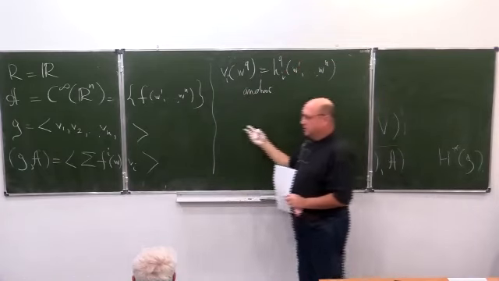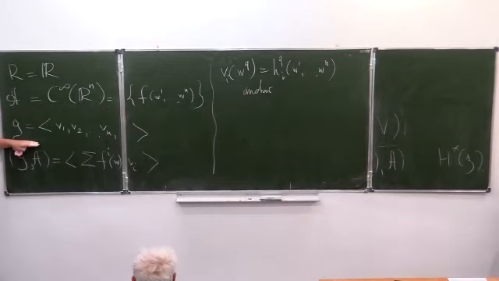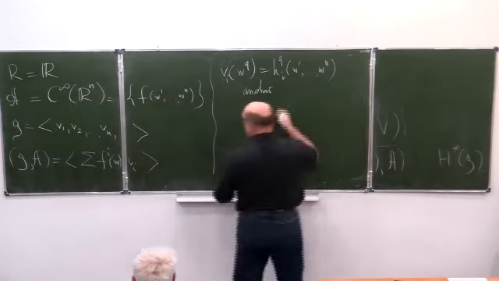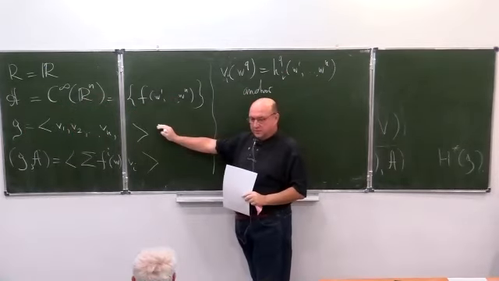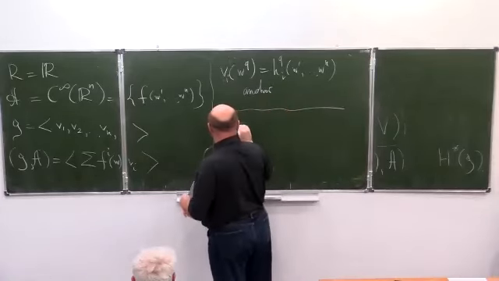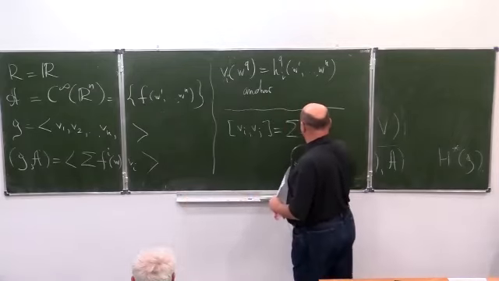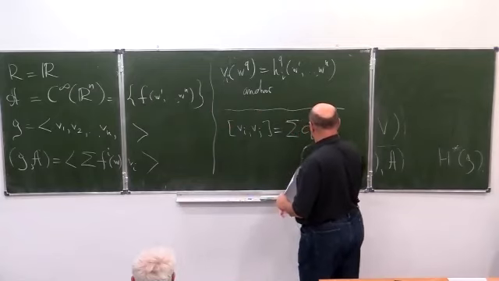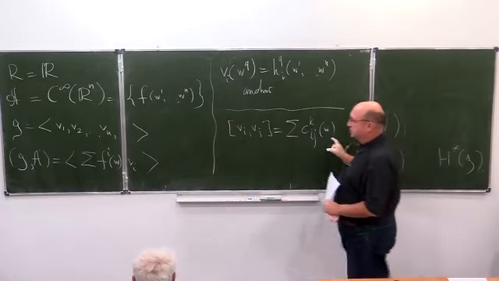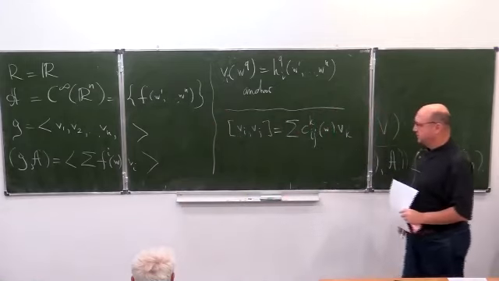Now conditions. There are two requirements. This space should be a Lie algebra, and the anchor should be compatible with the structure of the Lie algebra. So we take two elements of this basis, and their bracket should be a linear combination, now with coefficients. Coefficients are functions of W of elements of this basis.